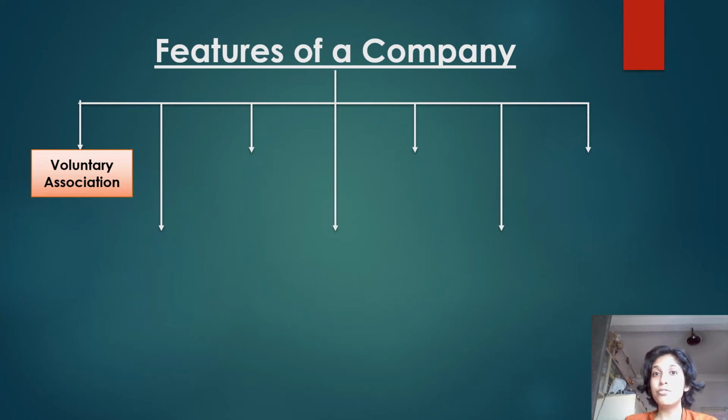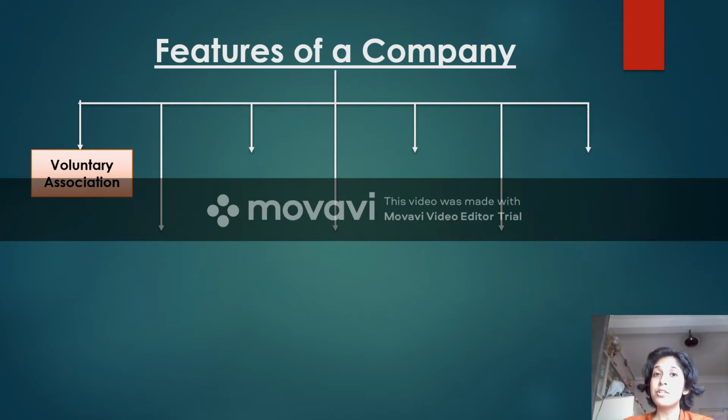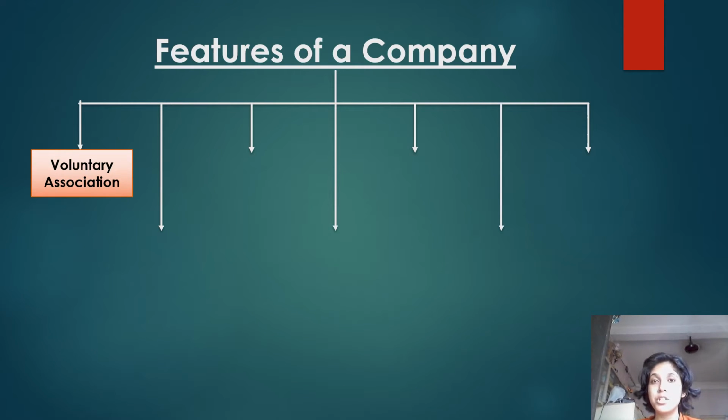No one is going to force anyone. It is a voluntary creation. Okay, and it's an association of persons. That means only persons can create a company, right? And it is also a voluntary association to carry on a business. Remember this, it is not for any non-business purpose.